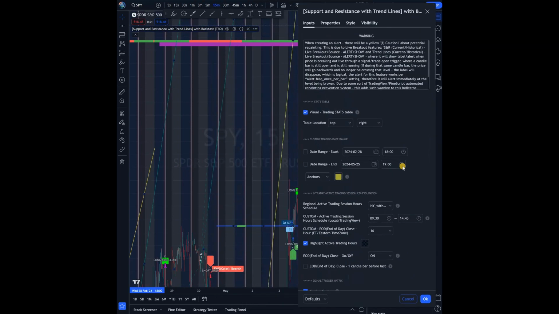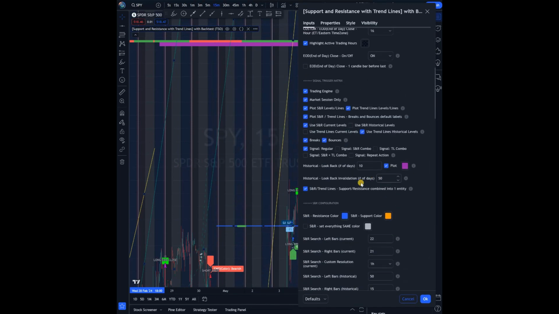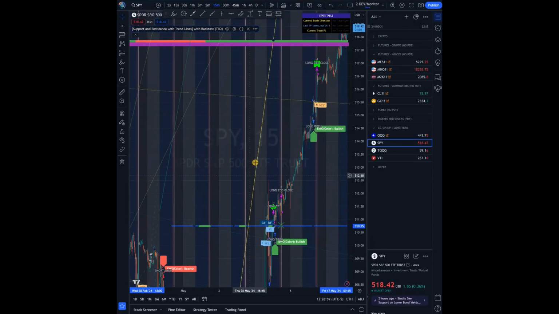Now this second part may be even more confusing. This is historical look back invalidation. So let's set this back to 120, and set this to 10. You see it's gone once again.